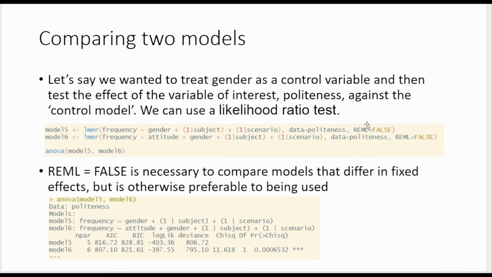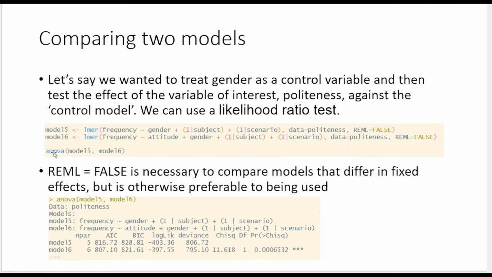Our outcomes won't change in terms of our overall interpretation, but we have to set it to false if we want to use these likelihood ratio tests. Okay, so we have our one model, model 5, which just has gender and our random effects, and model 6, which has attitude plus gender and our random effects.